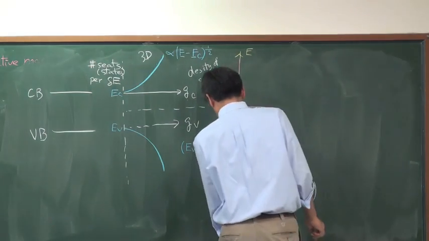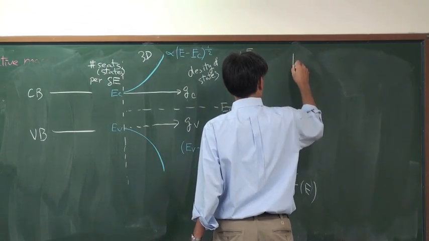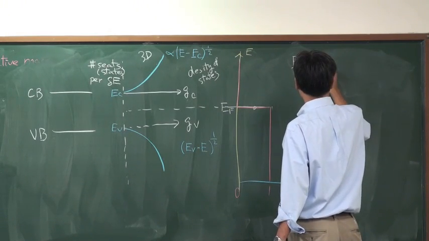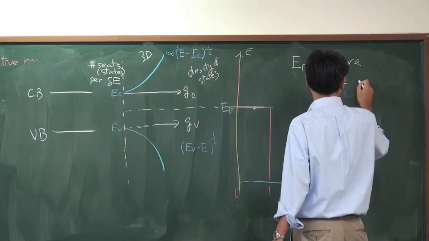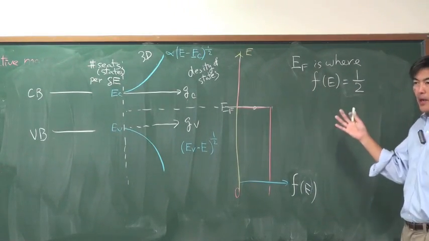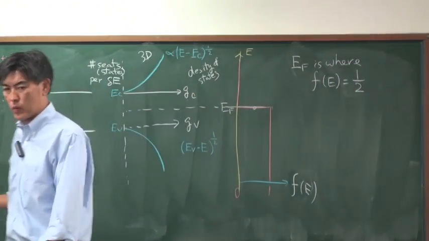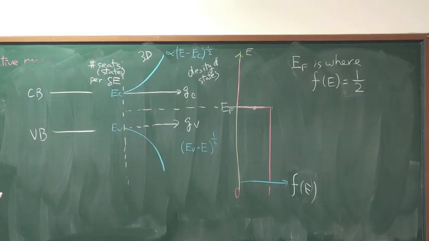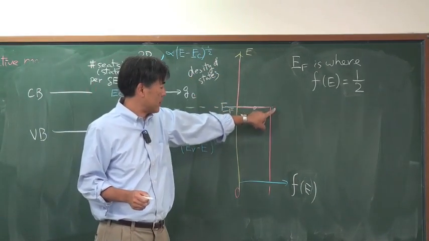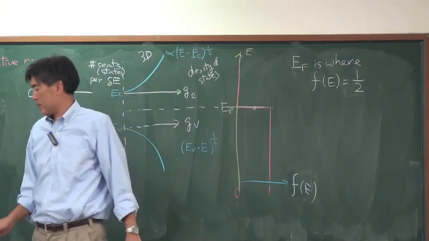In fact, the Fermi level EF is where the Fermi function is 1/2. So the Fermi level by definition is where the probability of finding an electron is 1/2. It's all 0 here, it's all 1 here, and at the Fermi level there's a jump, but it's basically 1/2.